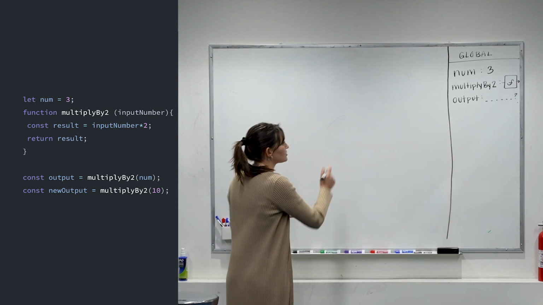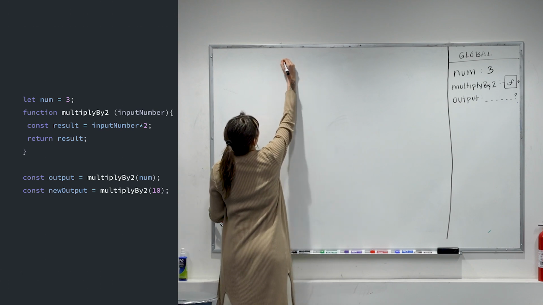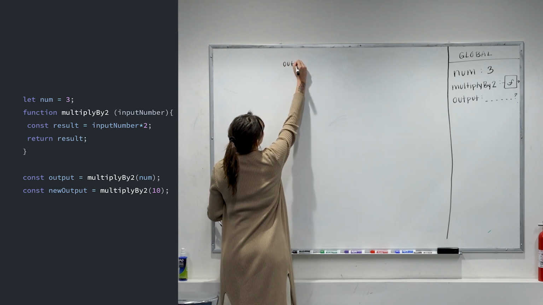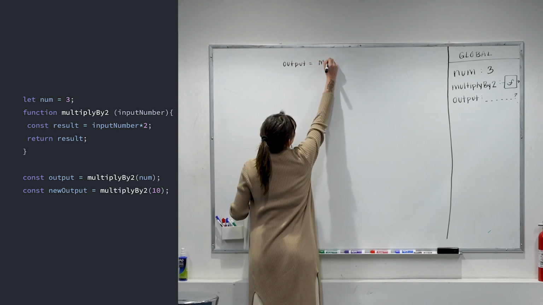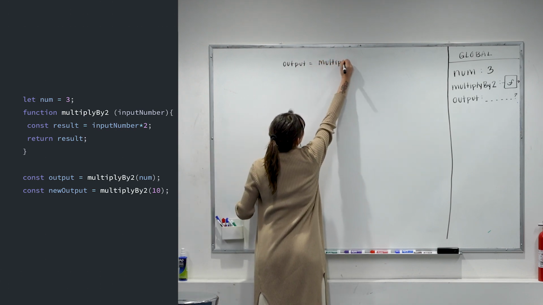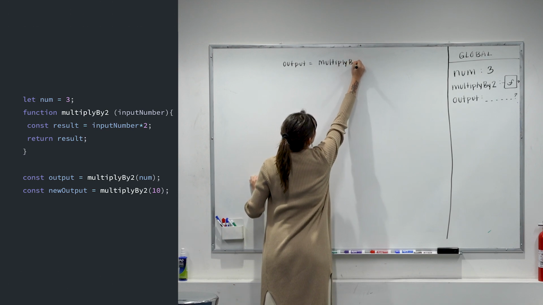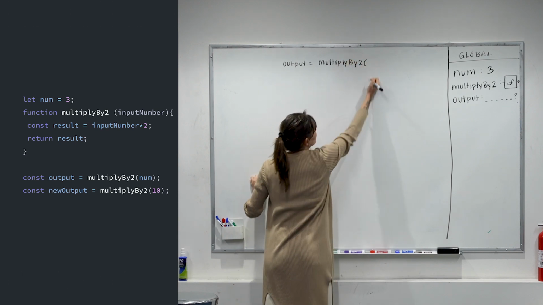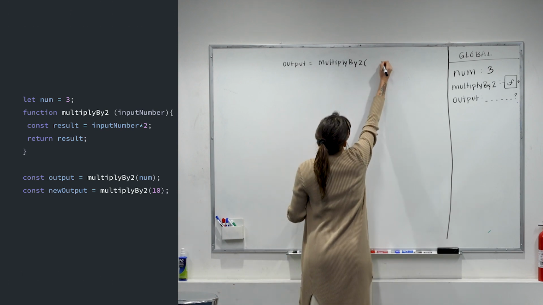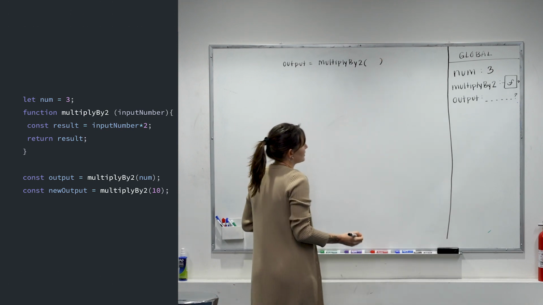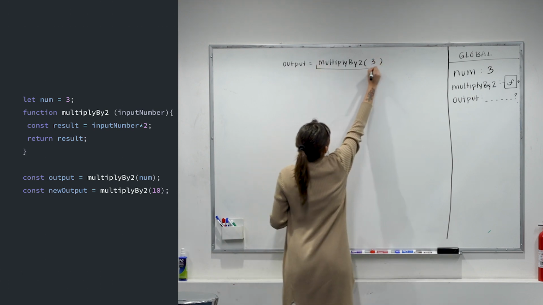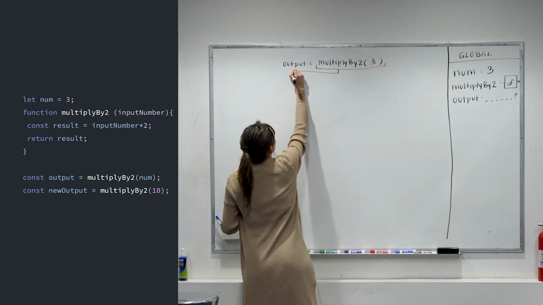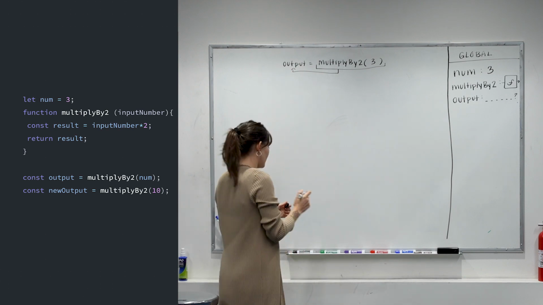So right now, this is the code we're executing. We have output is going to be the evaluated result of calling multiply by 2, passing in num. And Dennis, what is the value of num? 3. Absolutely. It's going to be 3. Cool. So whatever this evaluates to will get stored in that variable output.